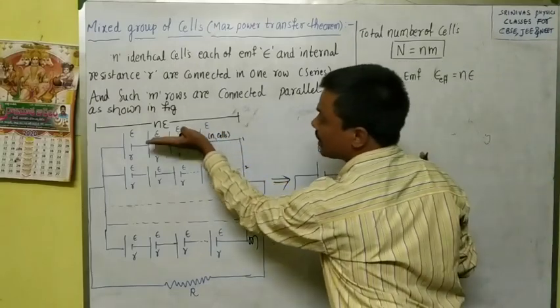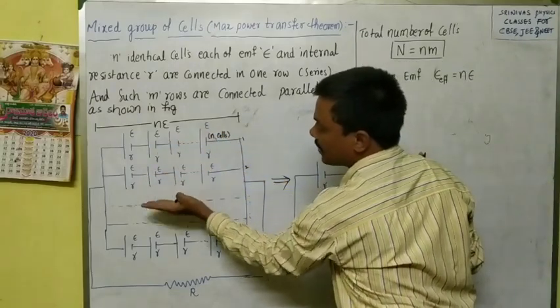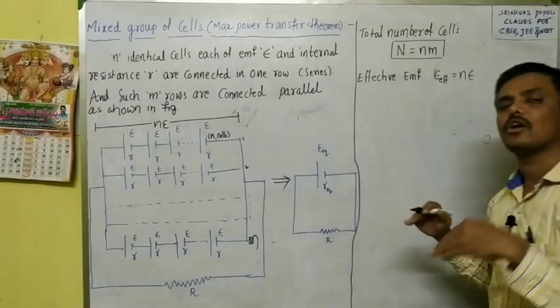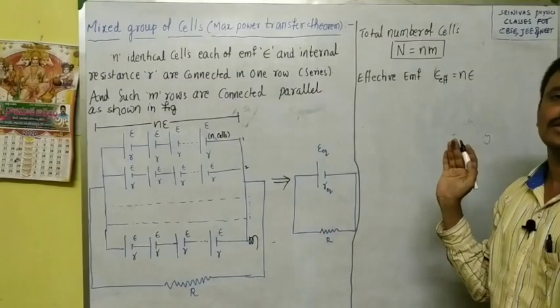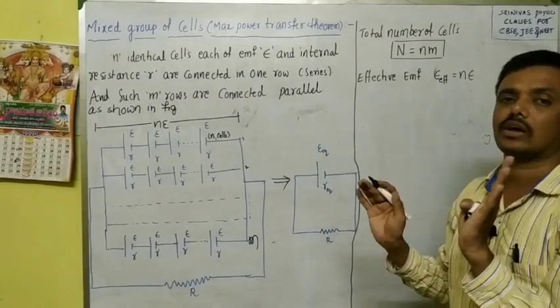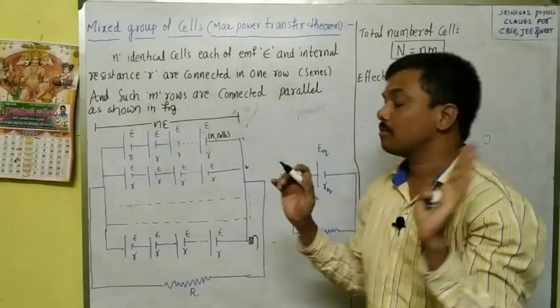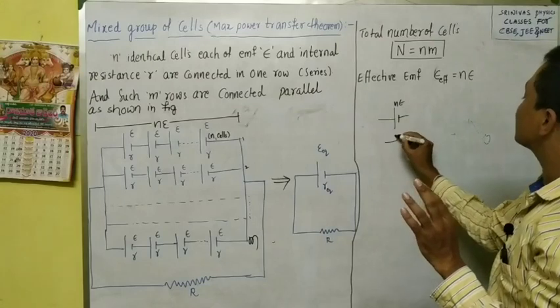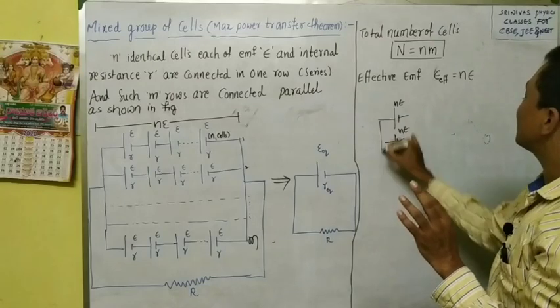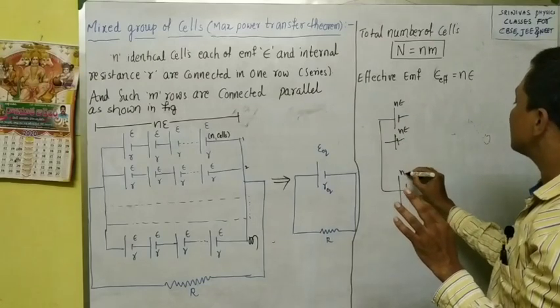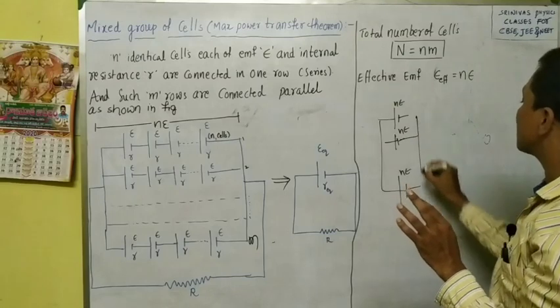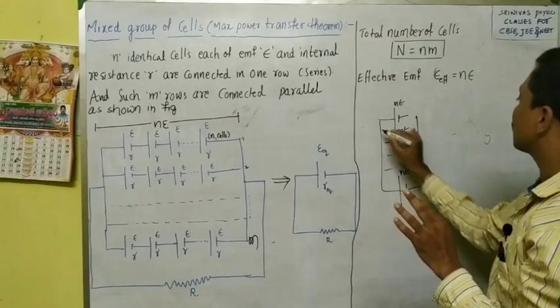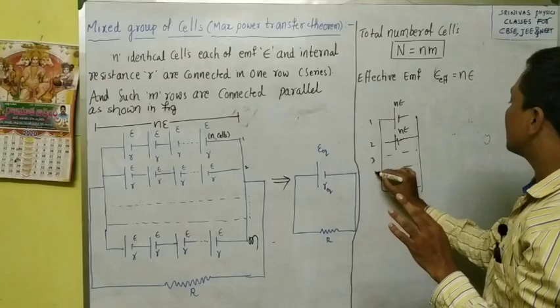Like that, if many rows are connected in parallel, how many identical cells you are connecting does not matter at all. In parallel combination, the effective EMF, for example, this is nE and this is nE. Like this, there are m rows, 1, 2, 3, and so on.